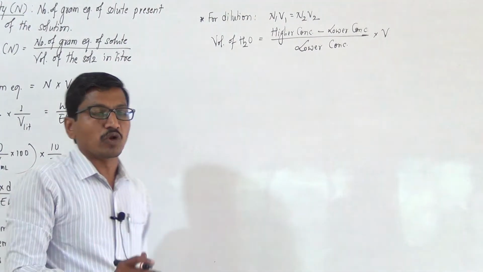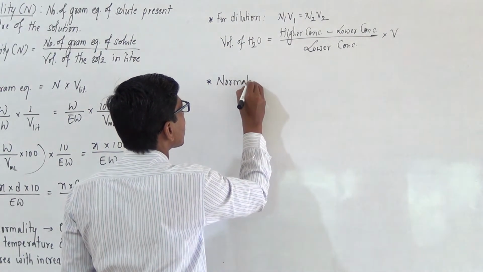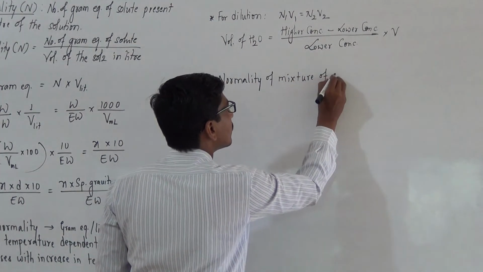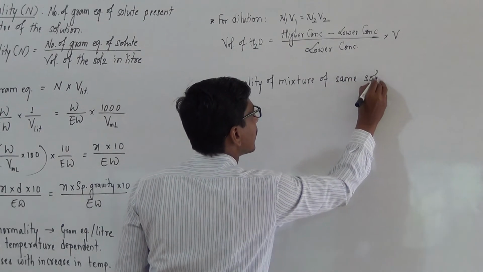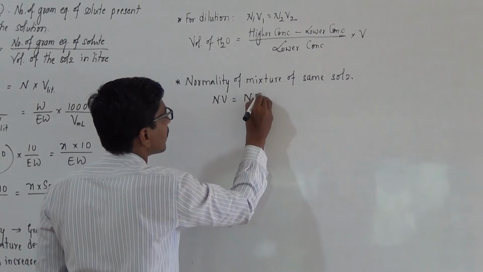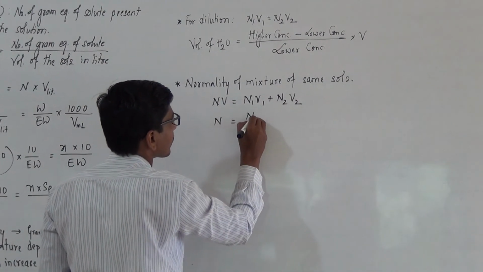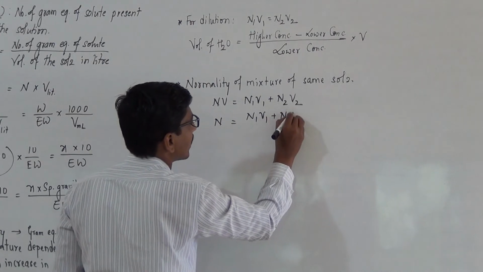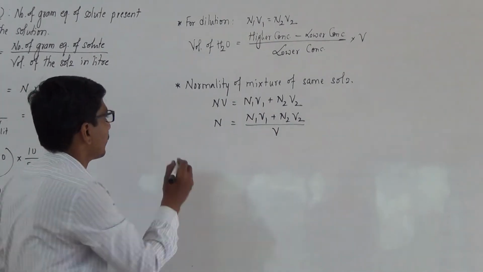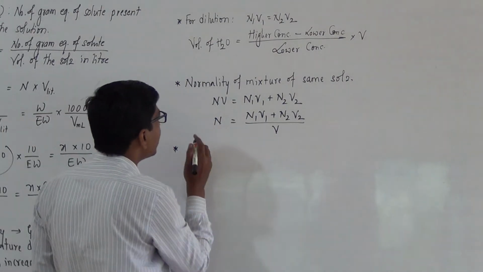And the normality of mixture of same solution is calculated by using NV is equal to N1 V1 plus N2 V2, and N is equal to N1 V1 plus N2 V2 divided by V. V is nothing but V1 plus V2.